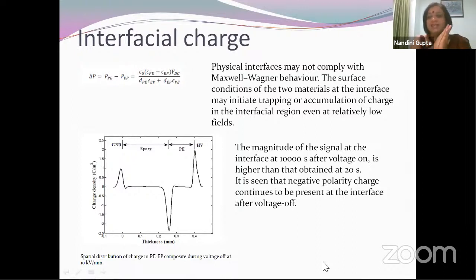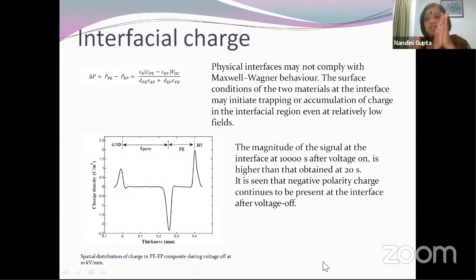Even then, as I have shown you, there is interfacial charge. This interfacial charge begins to accumulate, which was puzzling. It is not due to the disparity between permittivities or between conductivities. So what is it due to? The only hypothesis we had was that it must be due to the surface.